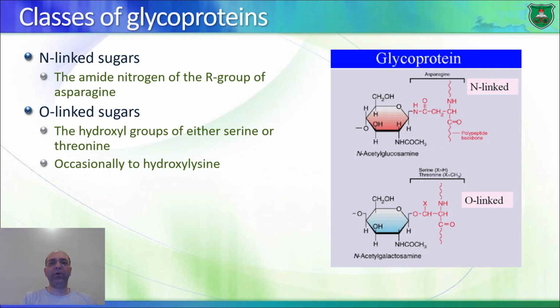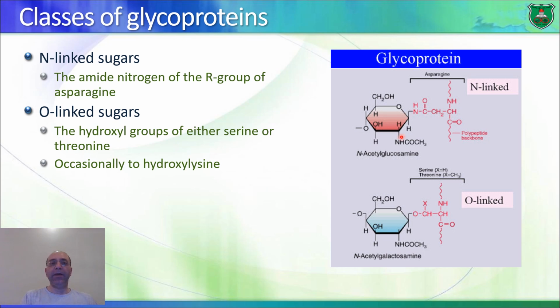Now, how are these carbohydrates added to proteins? There are two types of linkages: N-linked sugars and O-linked sugars. N-linked sugars are added to the R group of asparagine.